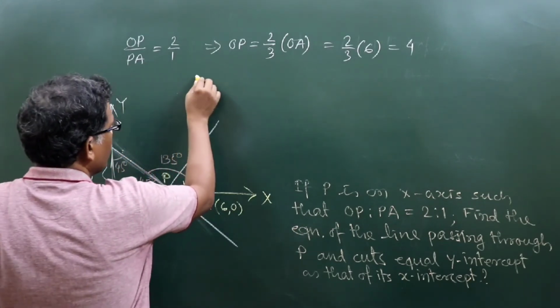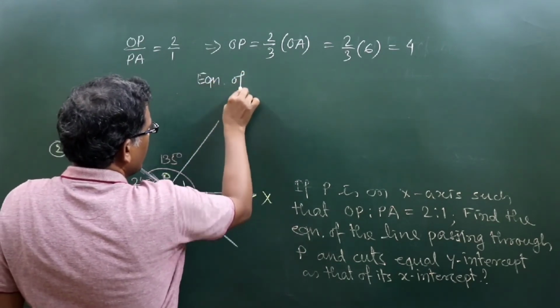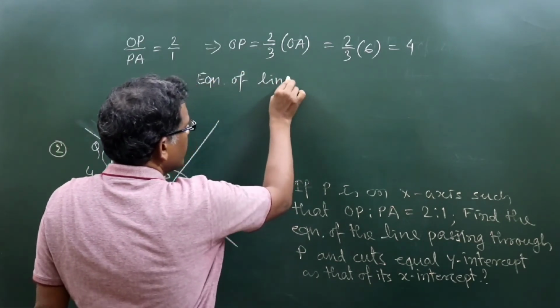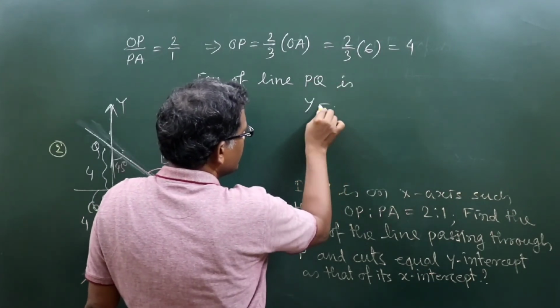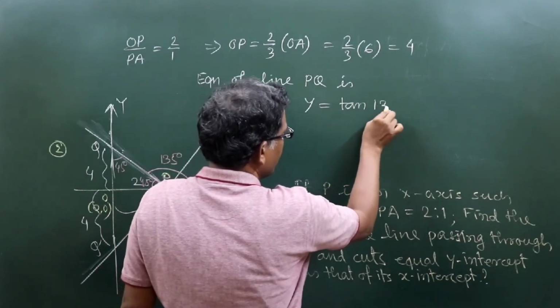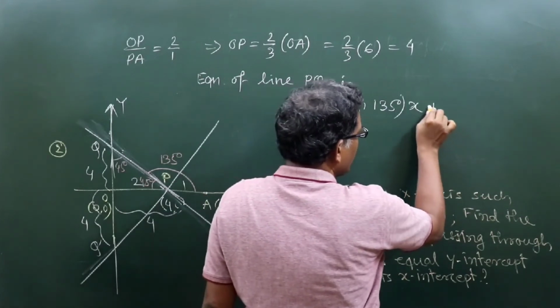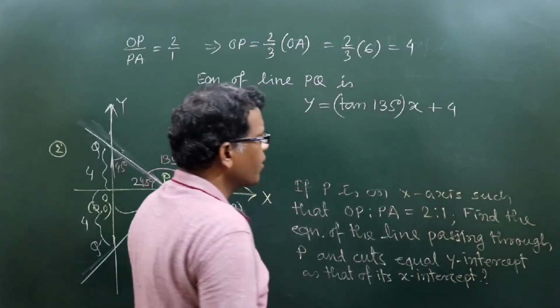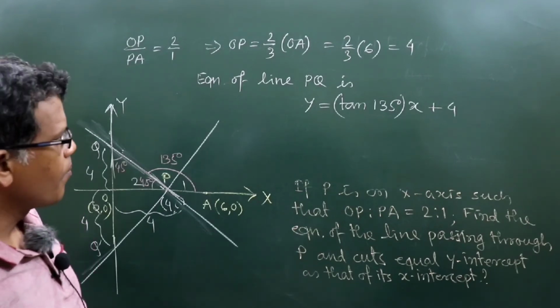So the equation of line PQ is y is equal to tan 135, that is the slope, into x plus c. C is 4. It is the y is equal to mx plus c form, right?